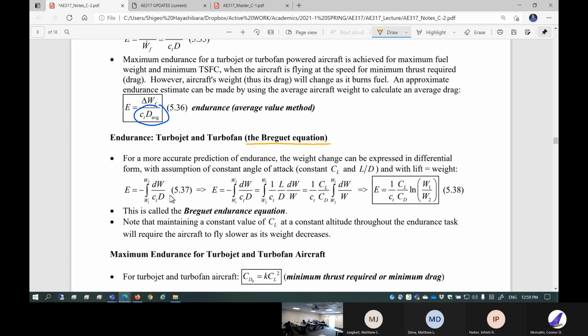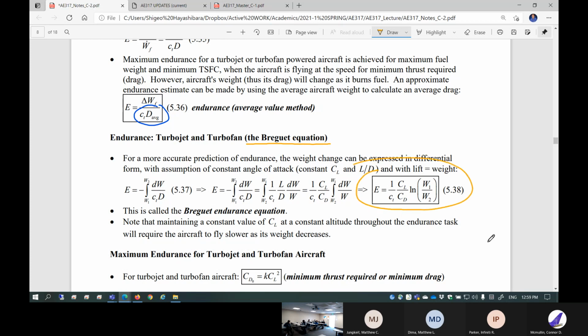In other words, you can actually consume up fuel fairly quickly at the early point, so that make your airplane much lighter. Then that actually optimize the endurance. I don't know. You can come up with all sorts of nonlinear model to maximize your endurance. So this equation is inherently an integral equation. So this integral equation comes up with a different value if you model those change of W and D as a nonlinear function. But this is the Breguet equation.